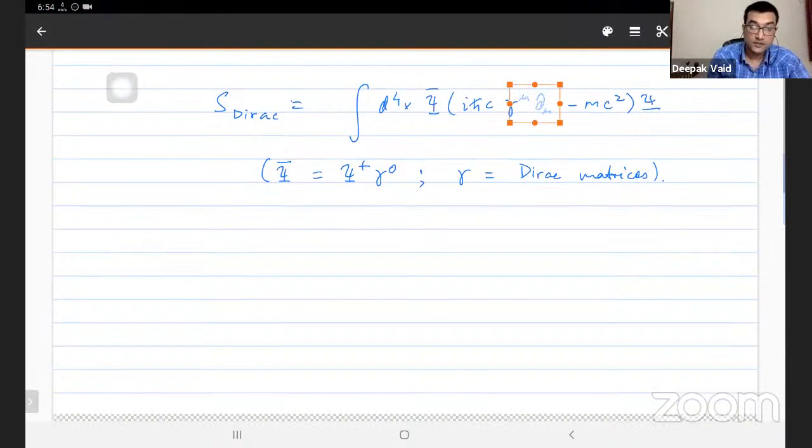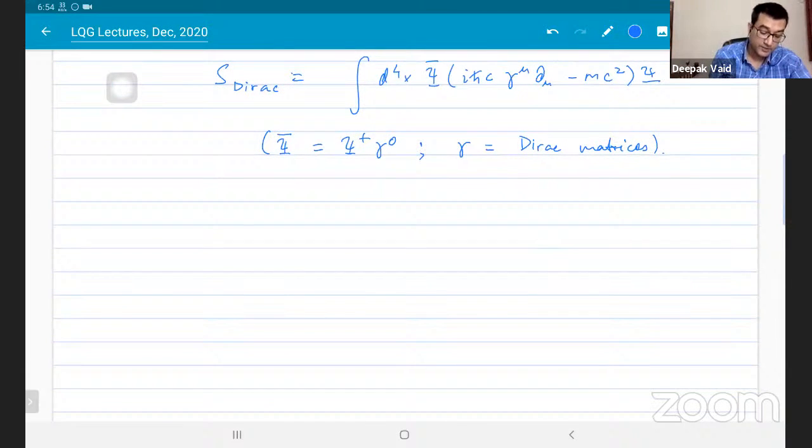Now I can ask what happens under the influence of a constant phase e to the power of, let's say, i g lambda x. Here g is some coupling constant, just some constant.